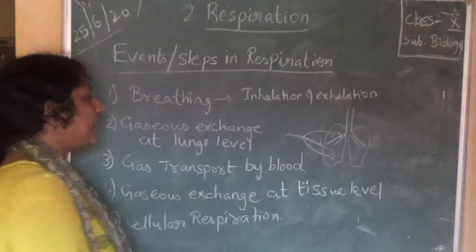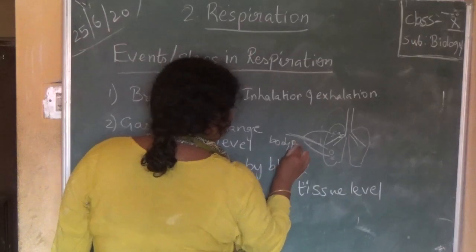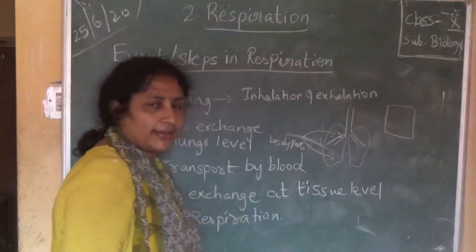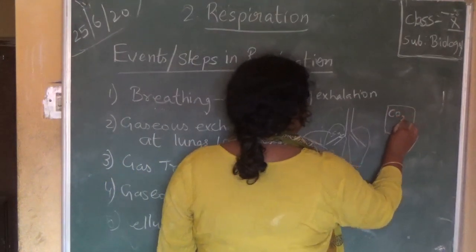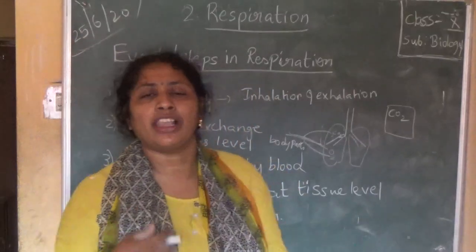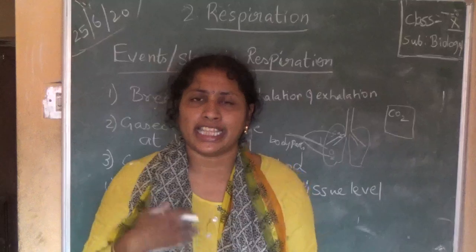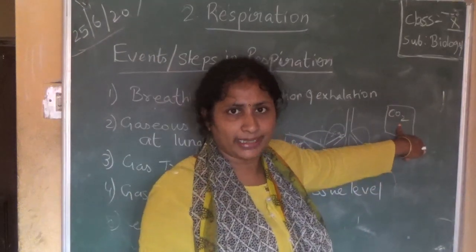Now blood will come from the body parts. In our cells carbon dioxide is present, because the cell organelles are working, doing some activities and liberating carbon dioxide. So inside the cell we have carbon dioxide.